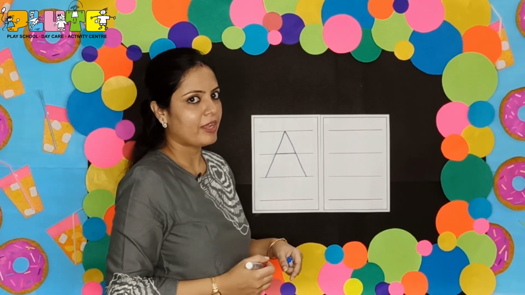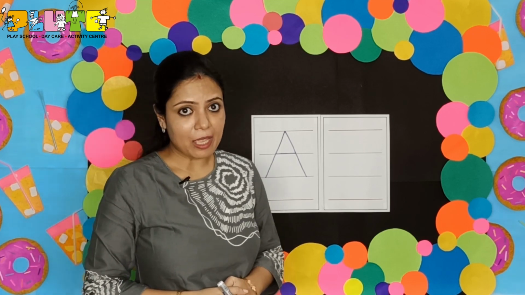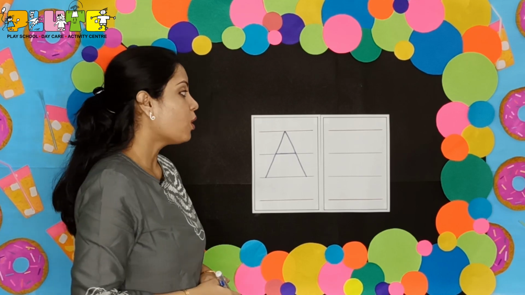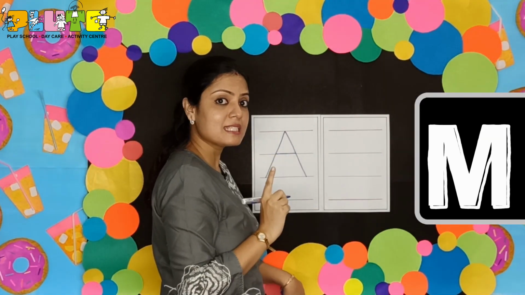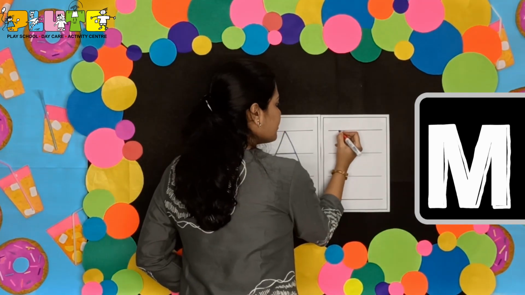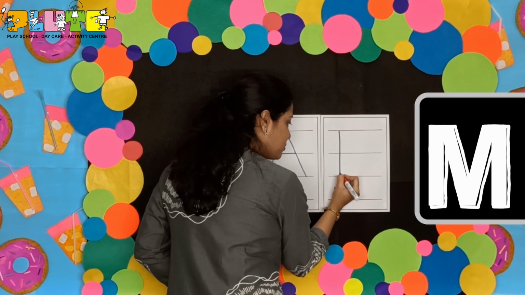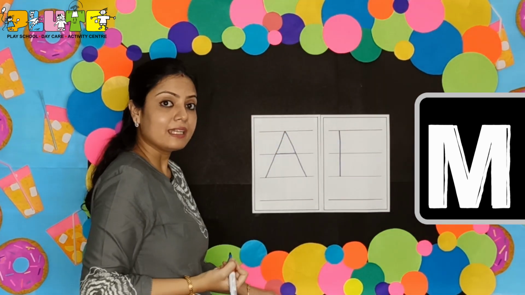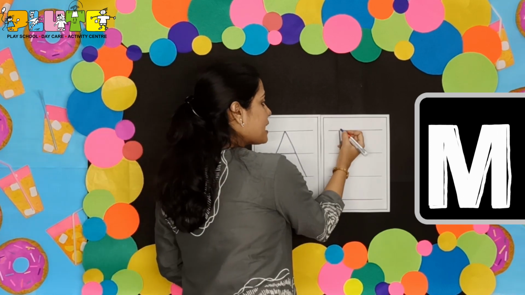Now we will write the next alphabet, that is M. While writing M, we will use standing and slanting lines. So all of you look here very carefully. First, I will draw a standing line from the first line. Okay, I'll slowly go down till the third line. Now I will start doing a slanting line from the same point.